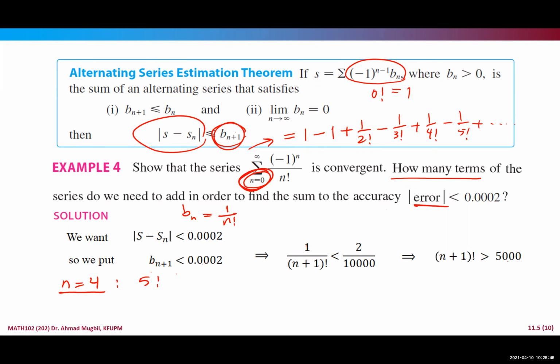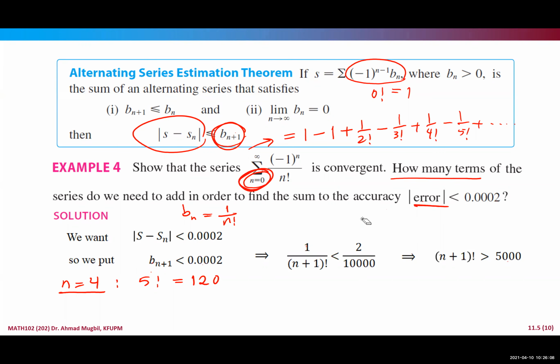This is 4, 4 plus 1 is 5. Who knows what is 5 factorial? 5 times 4 times 3 times 2 times 1, what is it? 120. 4 factorial is 4 times 3 factorial, which is 6, so it is 24. 24 times 5 is 120. So this is 5 factorial.